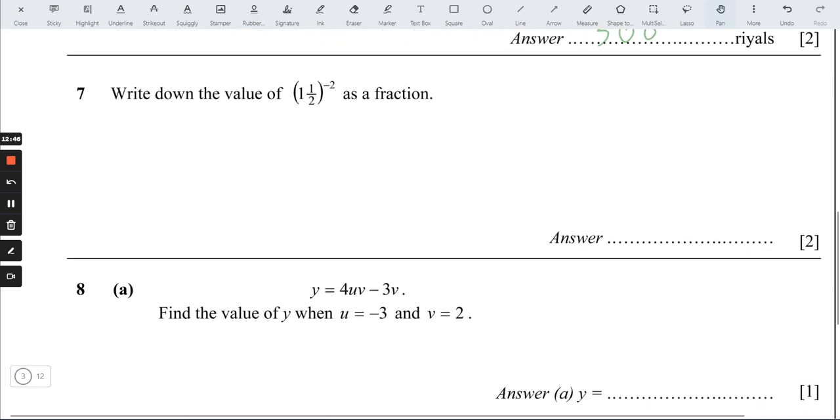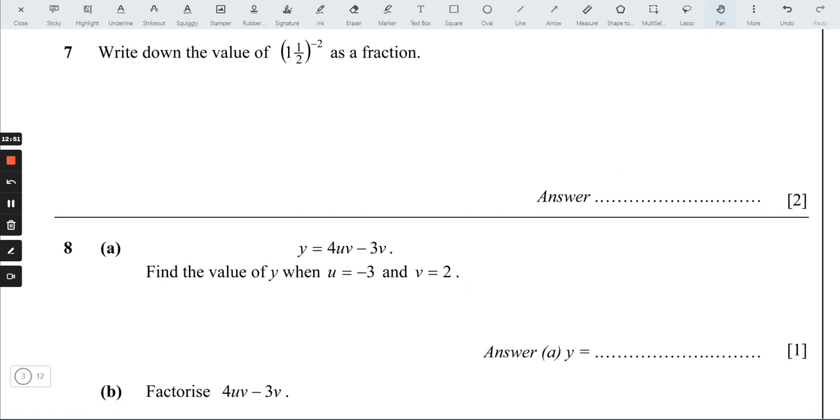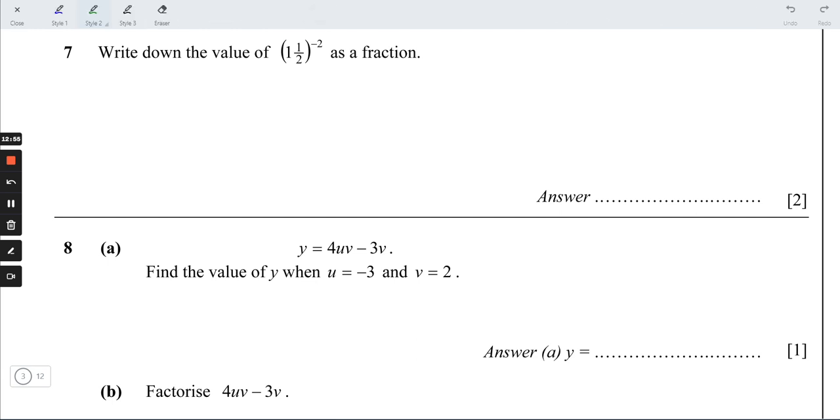Now question 5, write down the value of 1 1/2 to the power of -2 as a fraction. So first of all, we should change this mixed number to an improper fraction. So 2 times 1 is 2 plus 1 is 3, so 3/2 to the power of -2. In indices law, we have a rule. This rule says a to the power of -n is equal to 1 over a to the power of n.